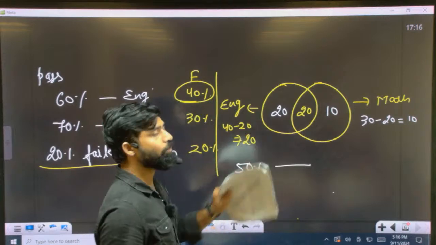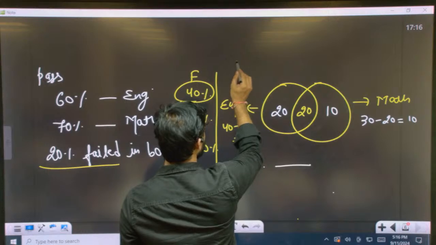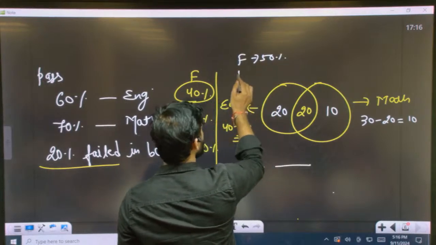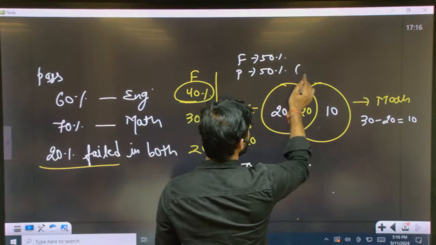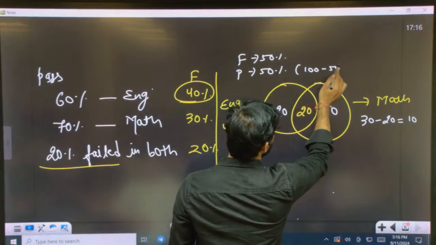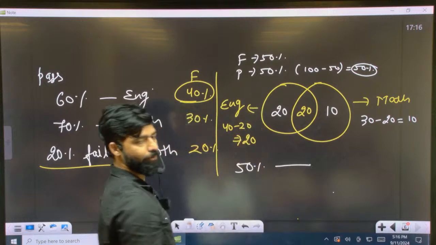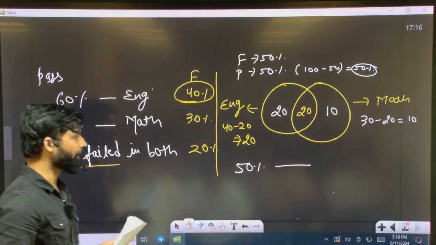And this is for pass. Sorry, this is for fail. So I can say that if fail is 50%, what would be the passing percentage? 50% only. Or you can do it like 100 minus 50. That will be 50%. It's up to you. Any problem? Okay.